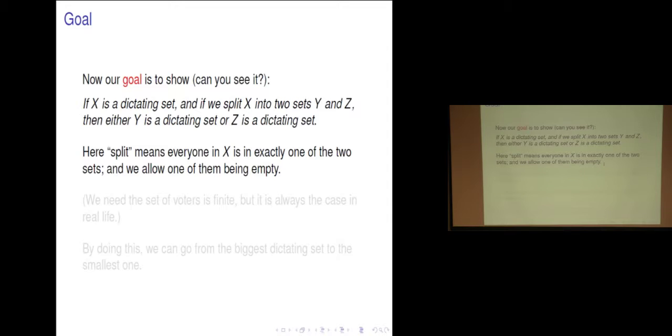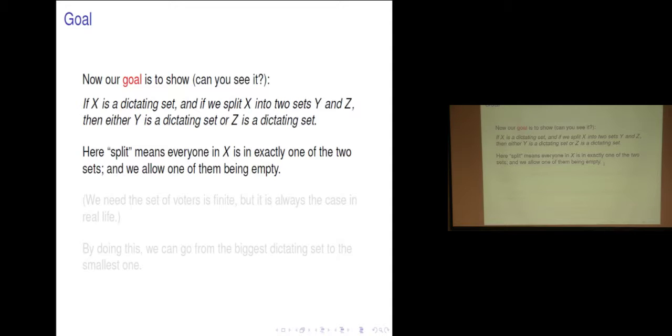Or I can split in another way. Maybe the first row and me are in Y, from second row onwards is in Z. So that's another split. So the goal is to show, suppose X is dictating, and we split X into two parts, then one of the parts is dictating.